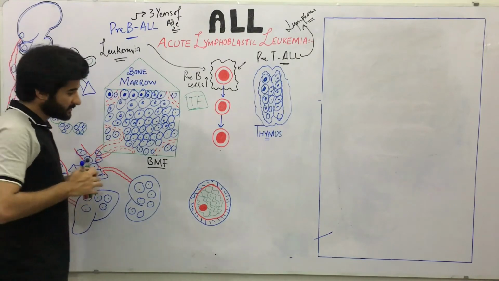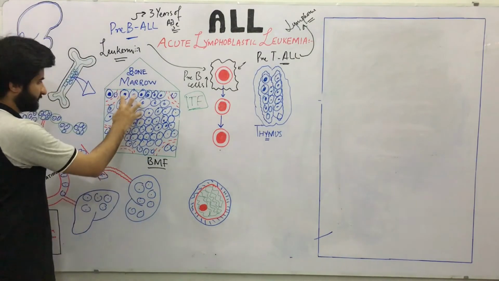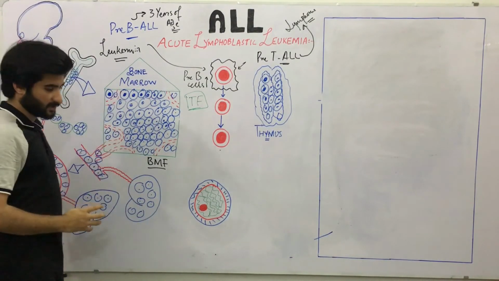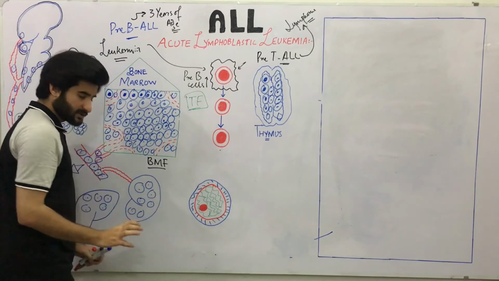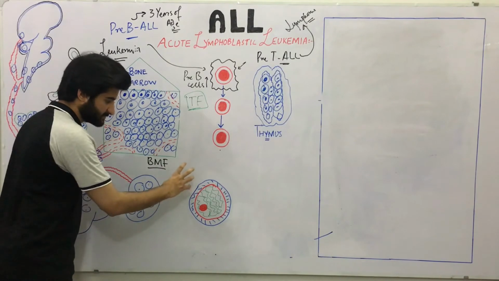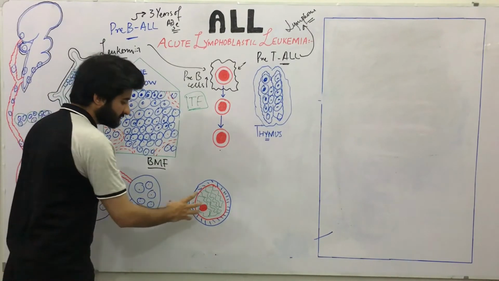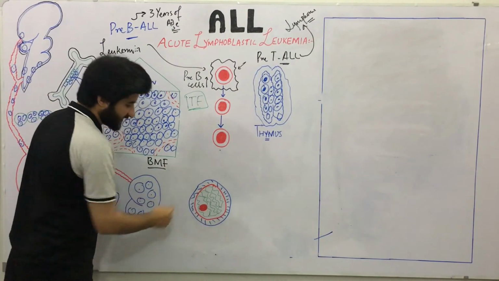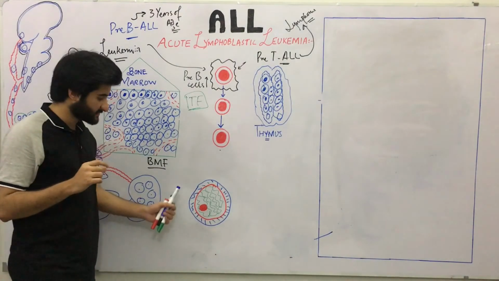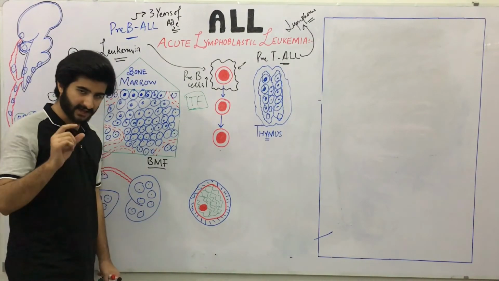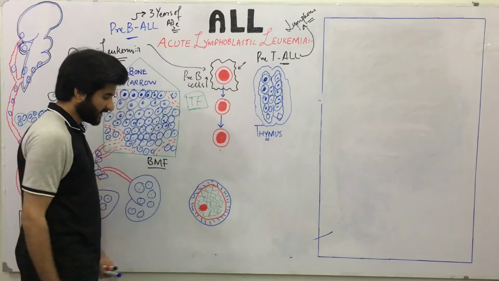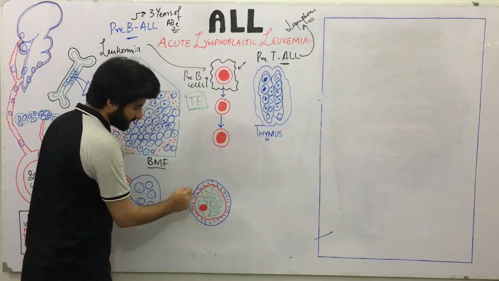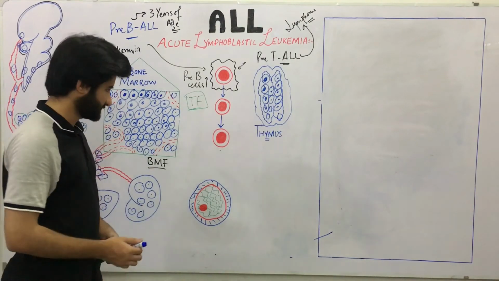So in pre-B ALL, if we have hypercellular bone marrow and look at a section of bone marrow under the microscope, the precursor B cells or malignant B cells will look like this. They will have a scant basophilic cytoplasm, fine chromatin, and along with this fine chromatin there will be a nucleolus.